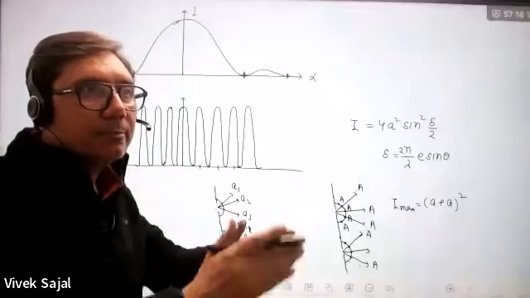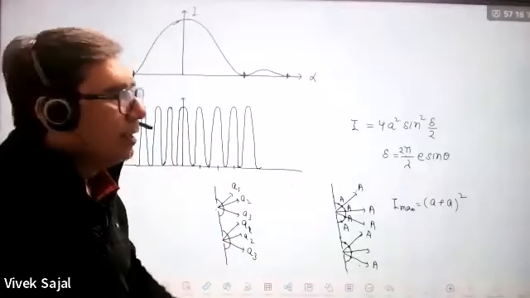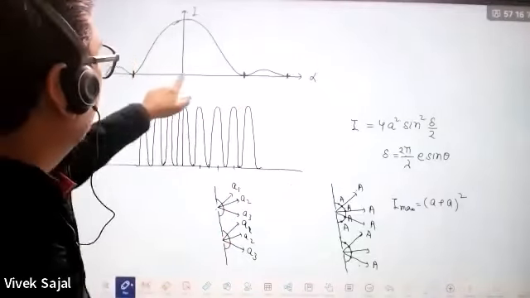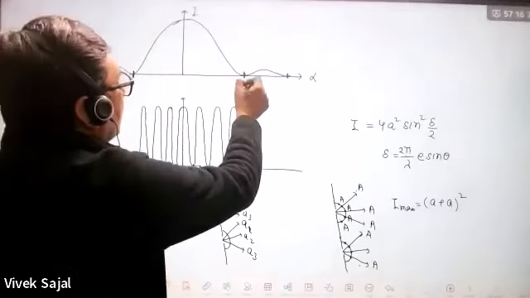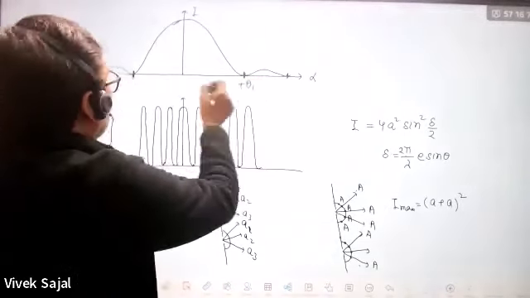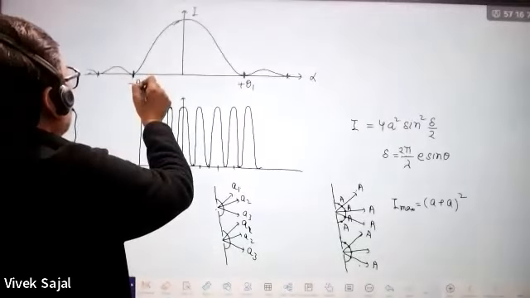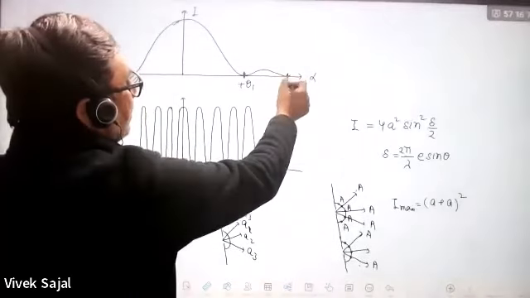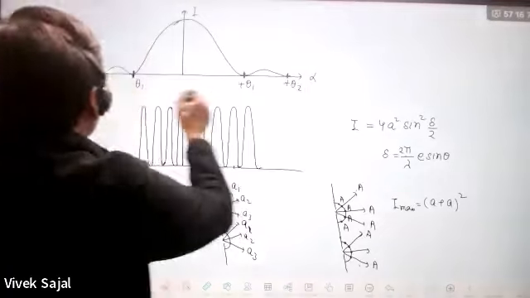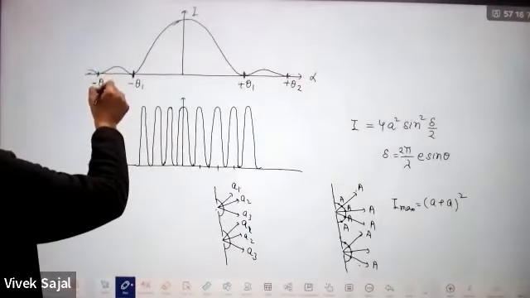It means no light is propagating in that direction. So this will be plus theta 1, and I call this minus theta 1. This one I call plus theta 2, and this one minus theta 2.